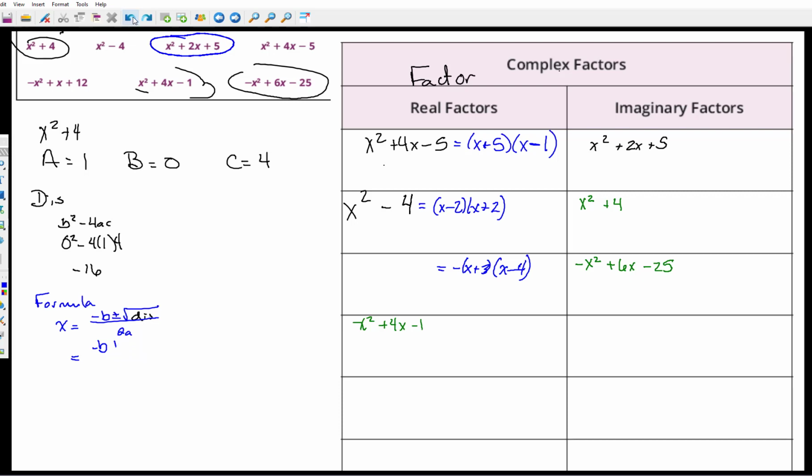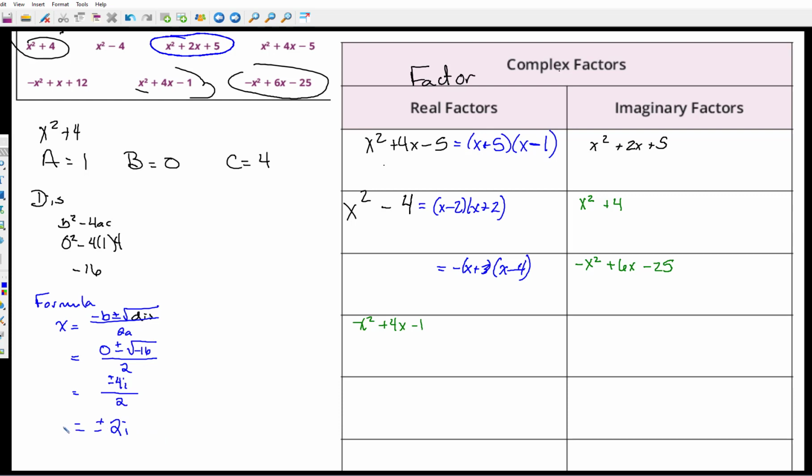I should have put that in as well. So b is 0. Square root of negative 16 divided by 2 times 1, which is 2. So square root of 16 is 4i, divided by 2. And so we have plus or minus 2i.